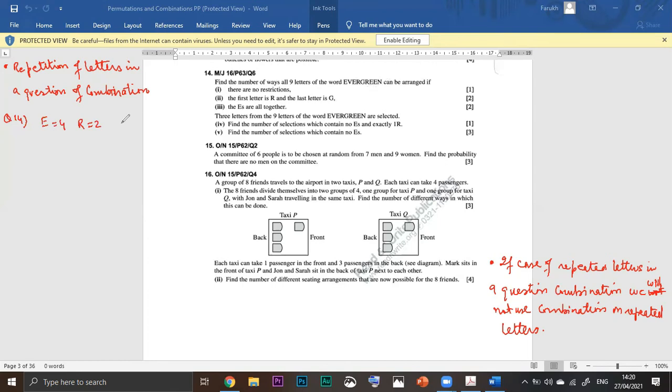No. And the others are 3: V, G, and N. Now we want to arrange all the 9 letters. This one is 9 factorial divided by 4 factorial into 2 factorial into 3 factorial. Sorry, there will be no 3 factorial because those are not repetitions. Now simply 9 factorial divided by 4 factorial into 2 factorial.